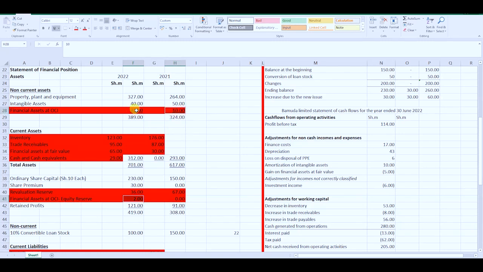But because this is the closing value, we need to ensure that we end the year at a value of 22. So the balancing figure, or the difference between the sum of the financial asset at the beginning of 2022 and the equity reserve, minus this 22, should give us 10.